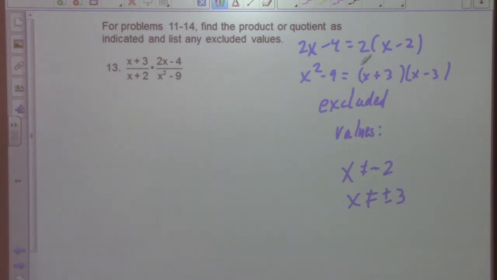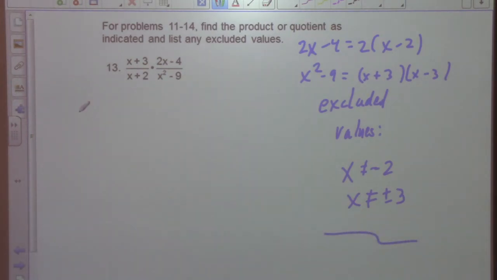Now, somebody in 7th period mentioned 2 would be the excluded value, but is 2 okay here? Yeah, because we didn't flip it. The numerator can be 0, the denominator cannot be 0, right? So these are excluded values.